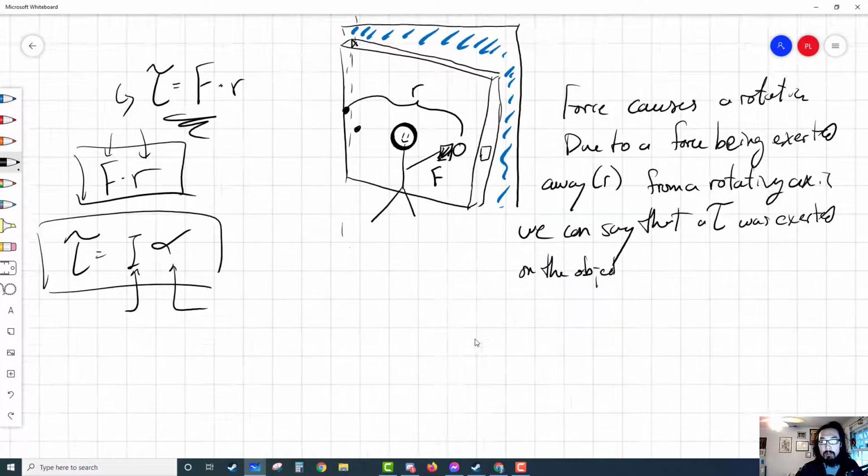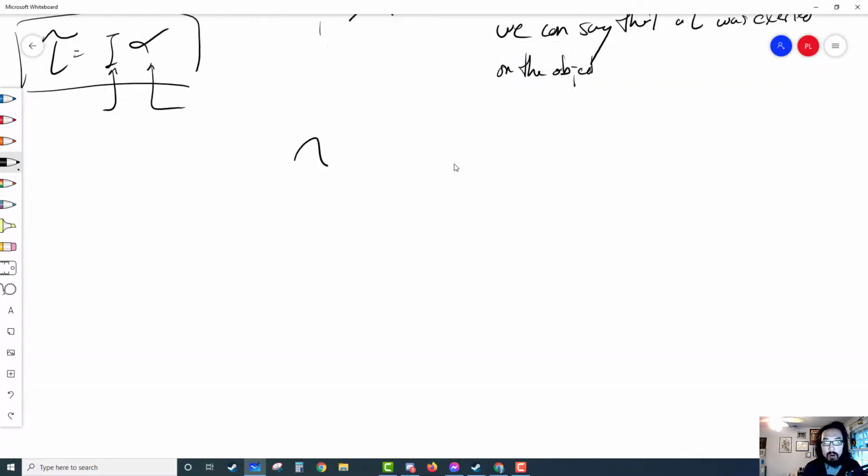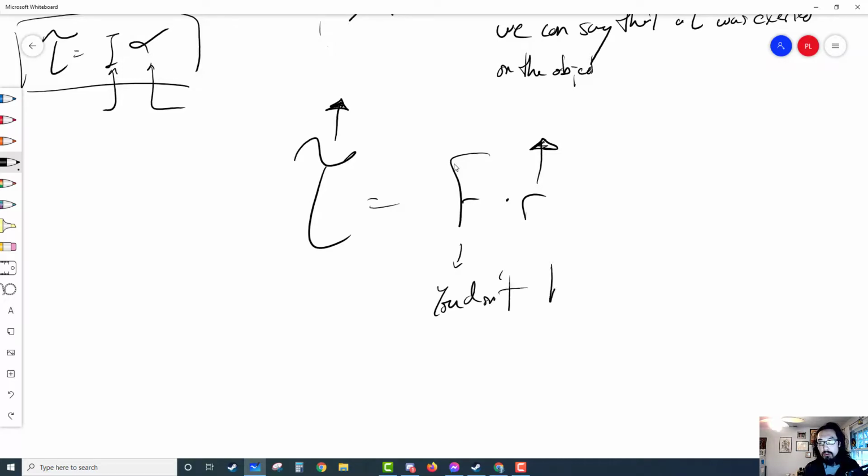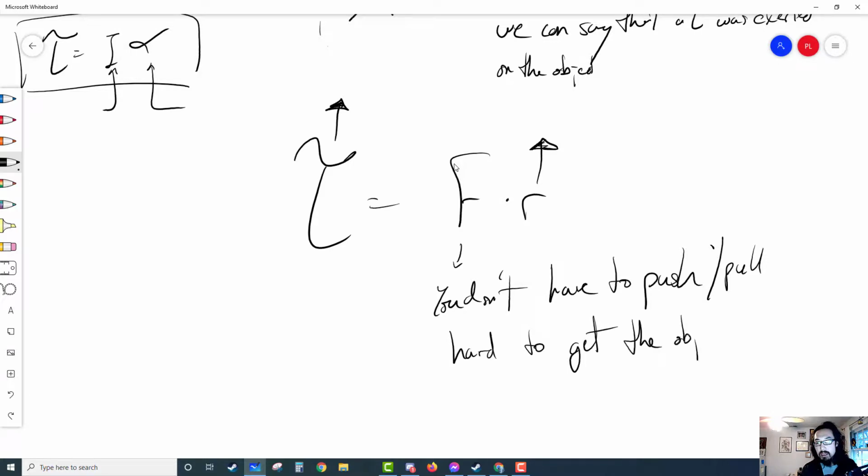So if torque is F times R, the further away you are from your rotating axis, the more torque you can exert. So what this means is that you don't have to push or pull hard to get the object to rotate.